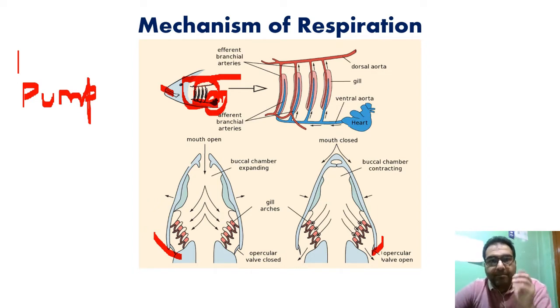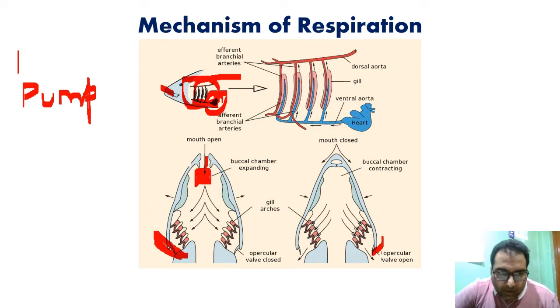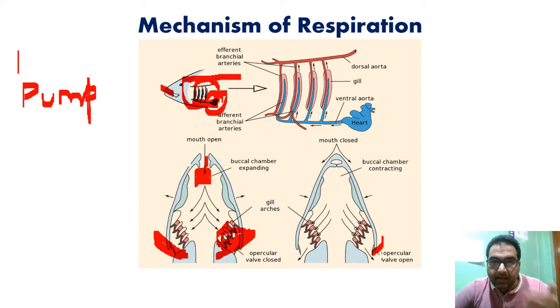The respiratory pump of a teleost consists of, you have to keep in mind, the buccal cavity, the first one, and two opercular cavities. This mouth and the opercular cavities comprise the respiratory pump.